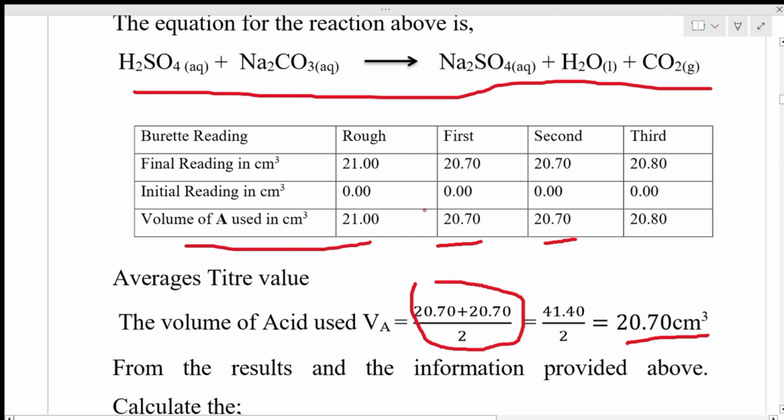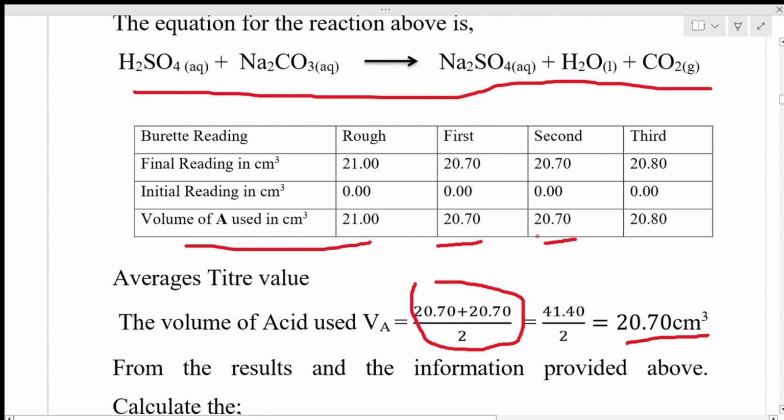It's very important for any student to understand that in selecting your values of acid, they must be concordant: 20.7, 20.7. We call them concordant values in chemistry.